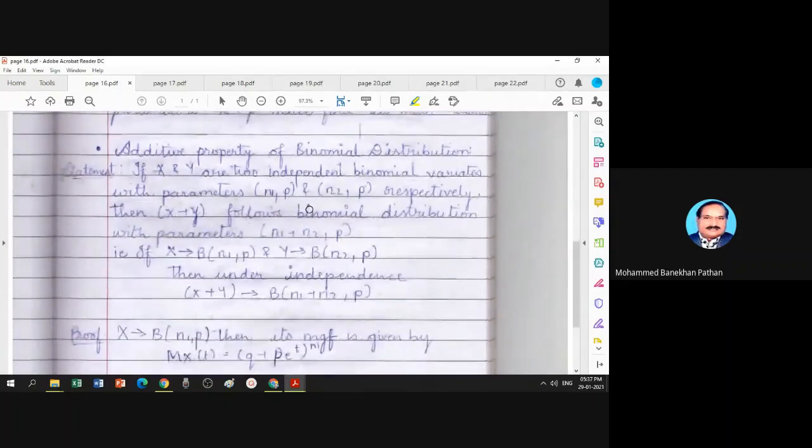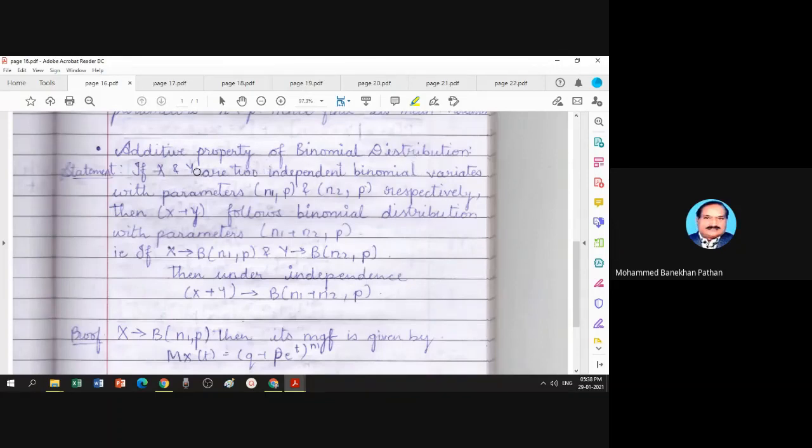Today we'll see the new topic known as additive property of binomial distribution. Firstly, see the statement and then we'll try to prove.